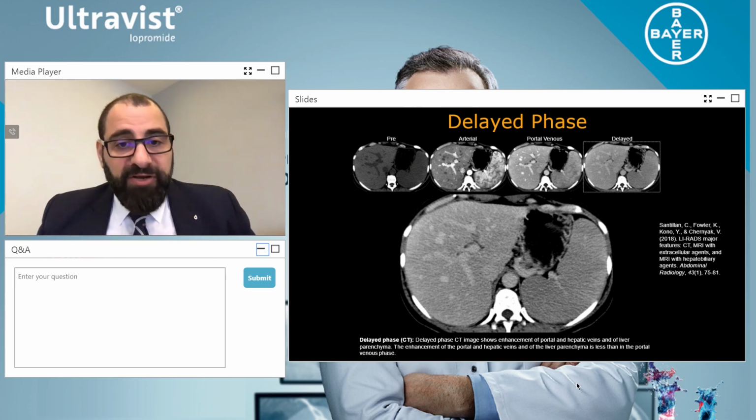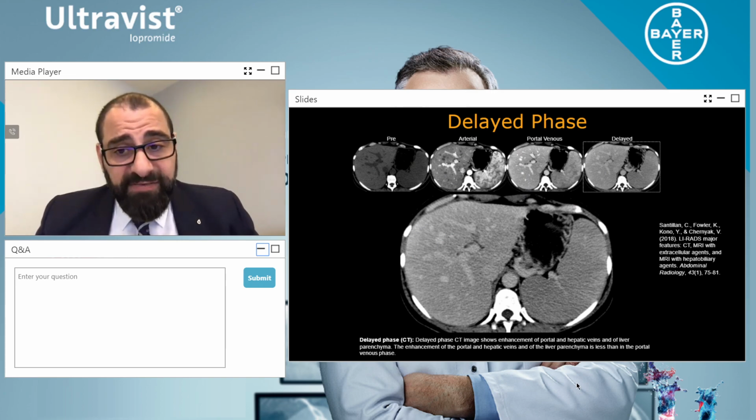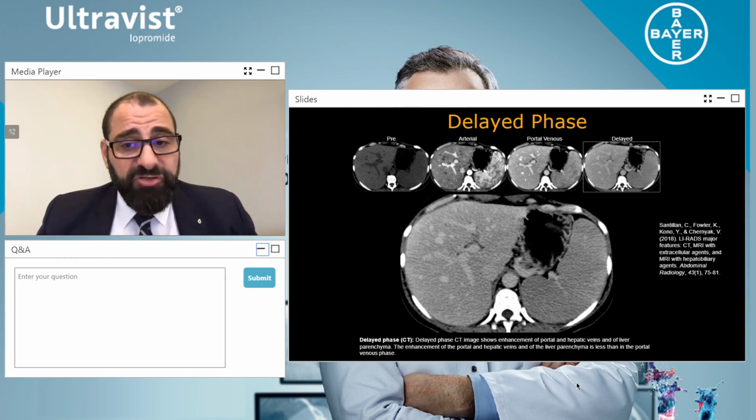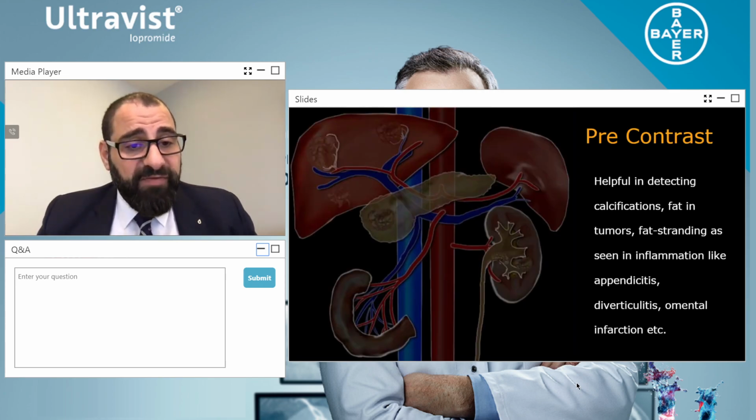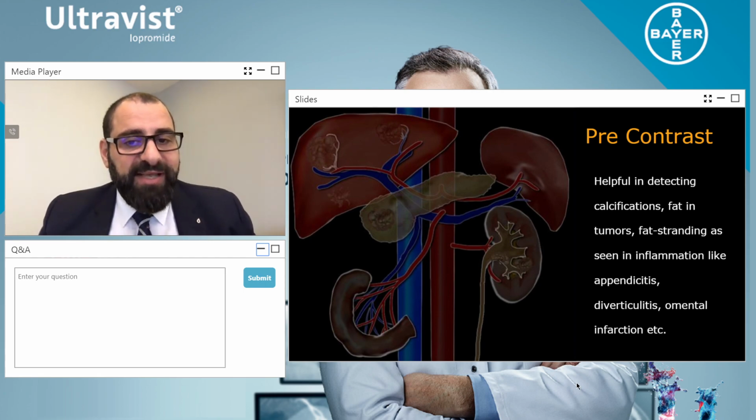So if we look at pre-contrast, I now want to go into more detail on each technique. It's good in detecting calcifications and fat-based tumors. Is there fat stranding or inflammation? In the early arterial phase, it's about 15 to 20 seconds. This is when arteries are really filled nicely, but as you can see in the image, the lesions are not enhanced.